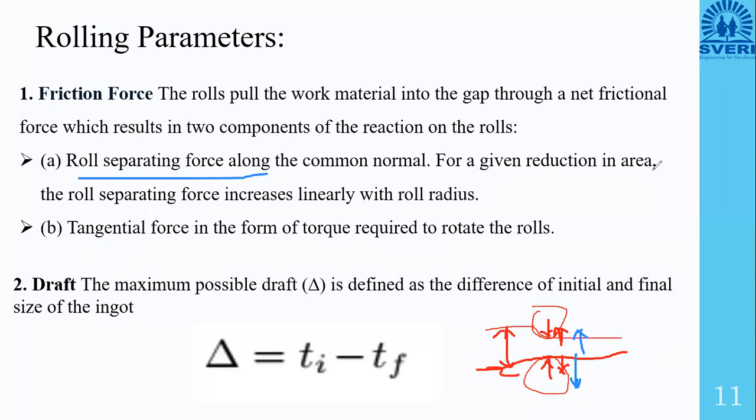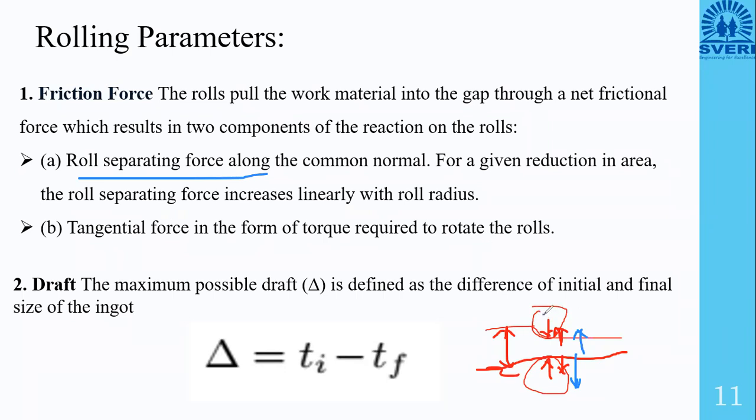For a given reduction in area, the roll separating force increases linearly with roller radius. What it means is, as the roller radius goes on increasing, the roll separating force goes on increasing. The second one is the tangential force from the torque required to rotate the roll.